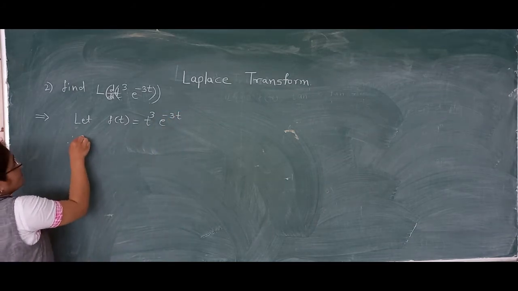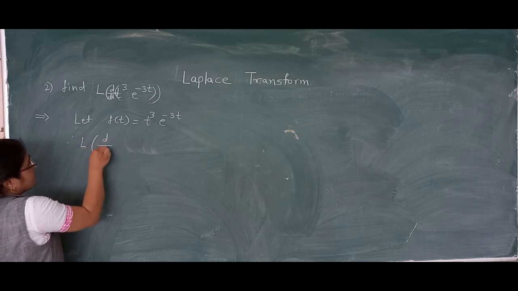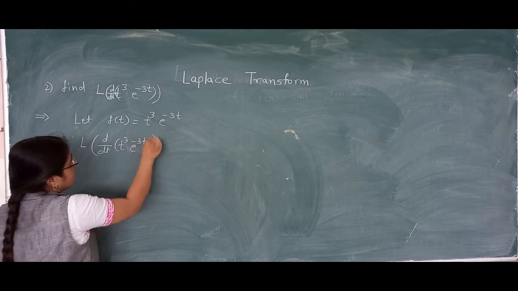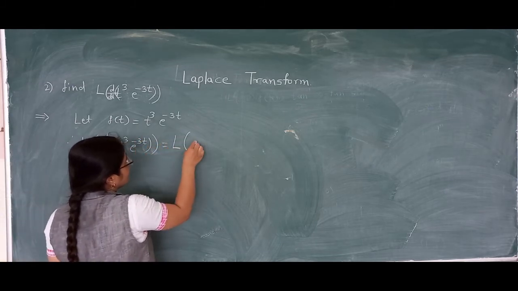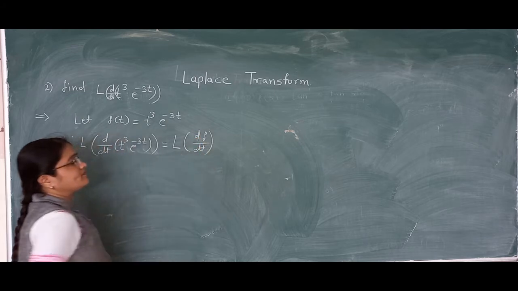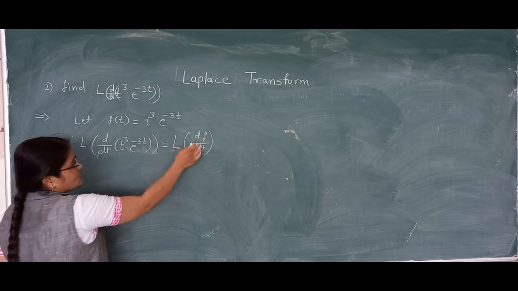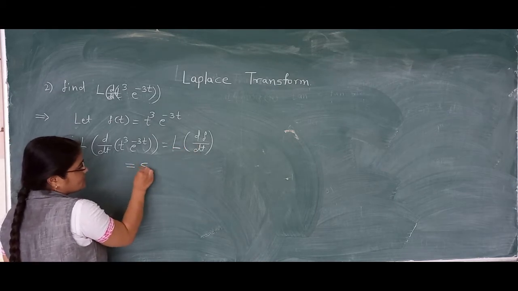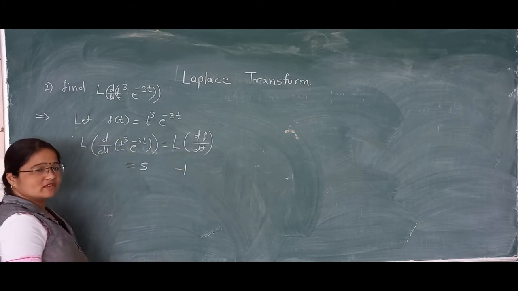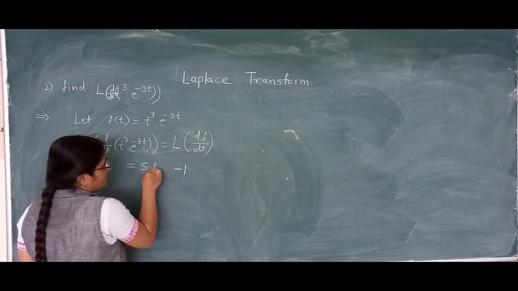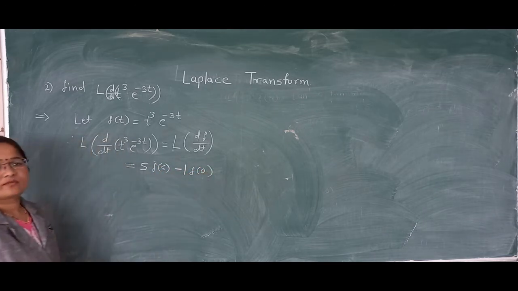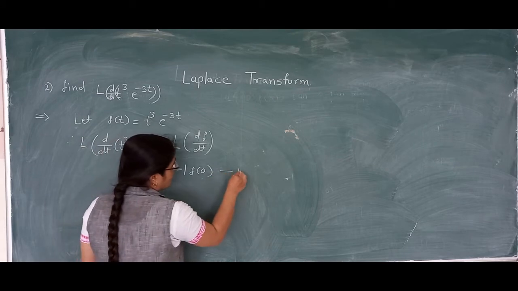Therefore, Laplace of d/dt of t cube e raised to minus 3t is nothing but Laplace of df upon dt. Laplace of derivative, and therefore using the formula it is nothing but s raised to 1, because it is first order derivative, f bar of s minus f of 0. Give it equation number 1.